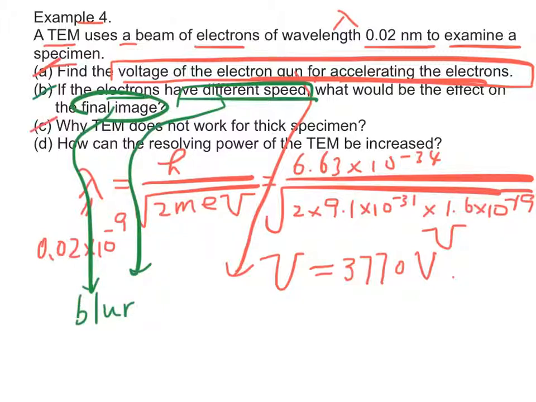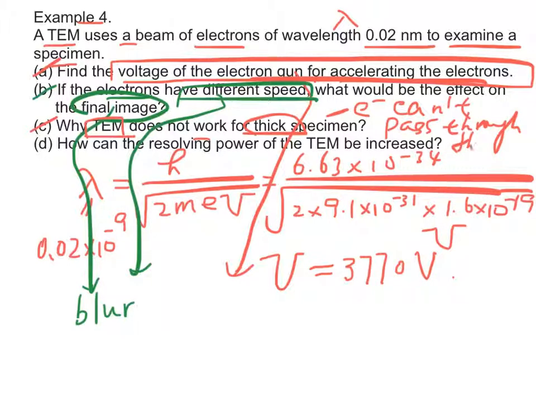Part B. If the electrons have different speed, then the final image will be blurred. Part C. Why TEM does not work for fake specimens? Because electrons cannot pass through fake objects.